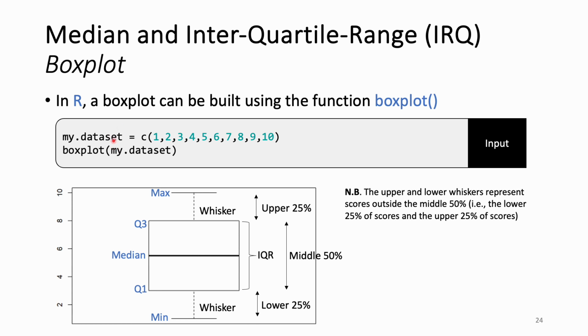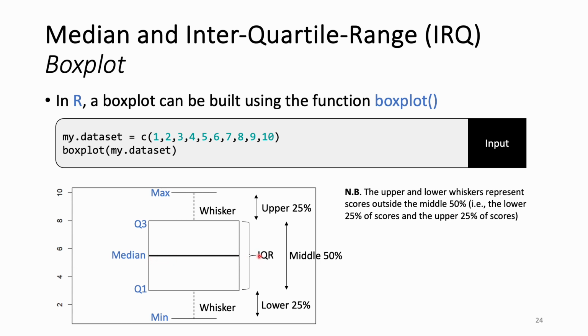This is the visualization that you will get from running this pseudocode. Here we have the box plot. Here we have the minimum value, which is 1 according to the dataset, and here you have the maximum value. This line represents the maximum value, which is 10. In this box, we can see the distance between the first quartile and the third quartile, which is the interquartile range.